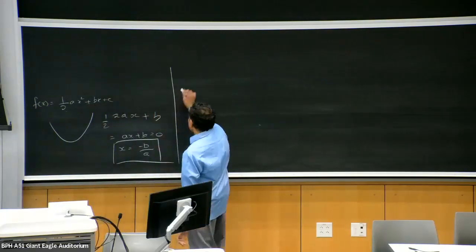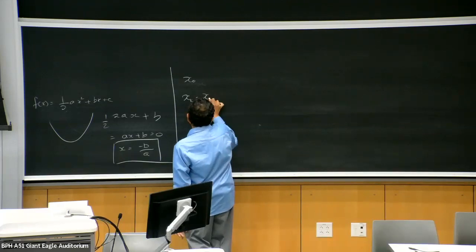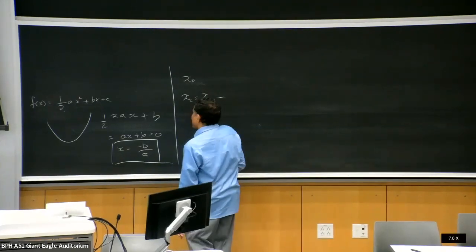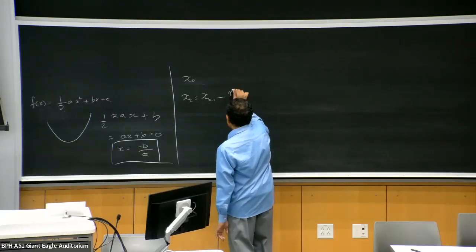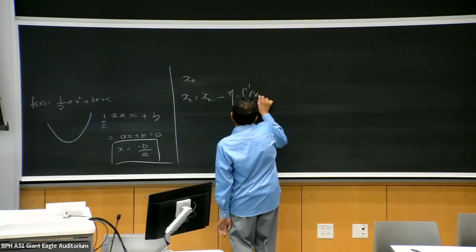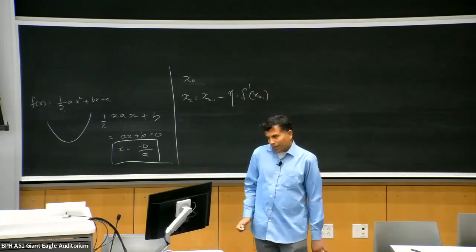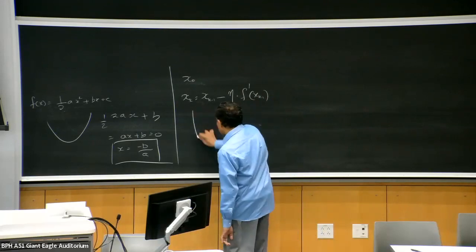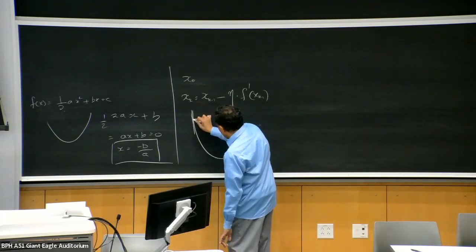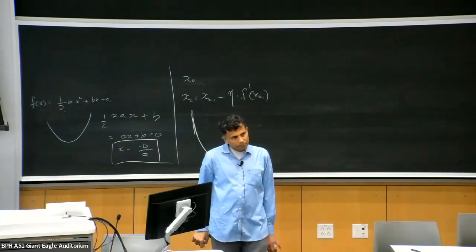I'm just going to start off at some x0, and I'm going to say xk equals xk minus 1 minus some step size times f prime of xk minus 1, right? That's what you would do. So at each point, the function has a slope, and you're going to be taking a step that is proportional to the slope in that direction, right?